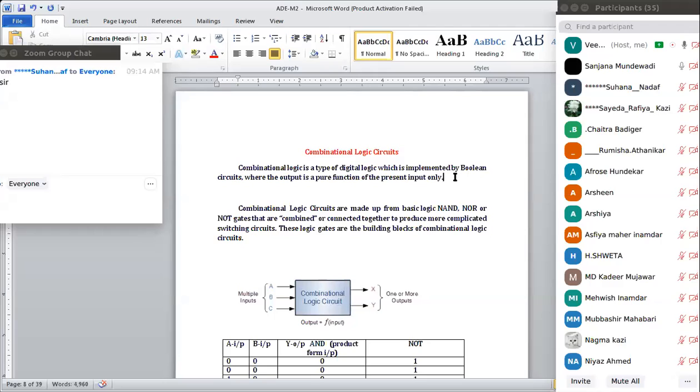But in combinational logic circuits, the output always depends upon the present input. That is very much important. You should know about combinational logic circuits. There is another type of digital circuit, the sequential logic circuit, whereas the output depends upon the present input as well as the previous input.